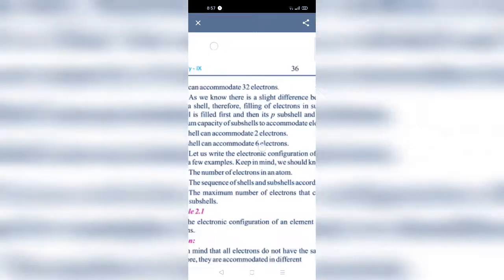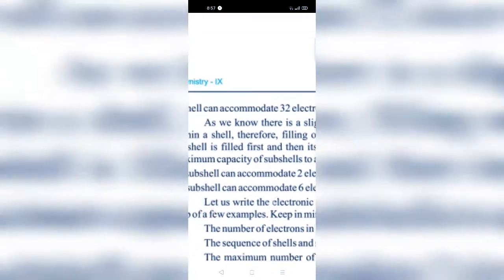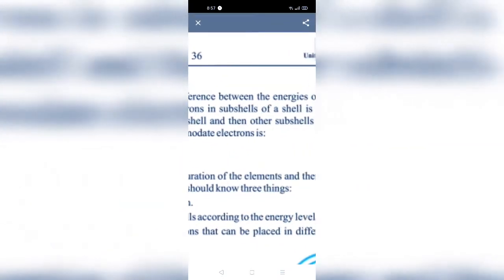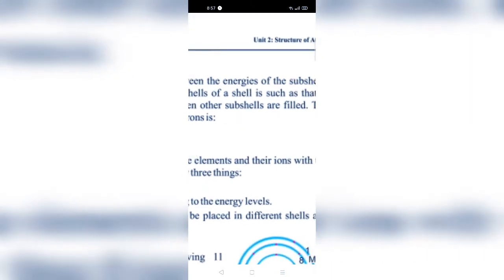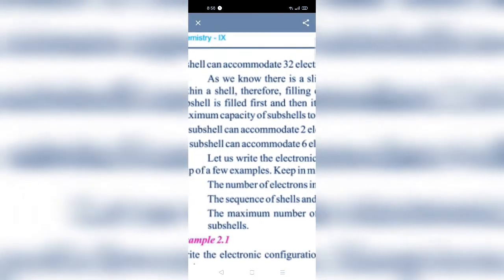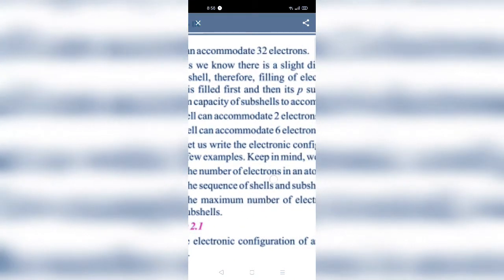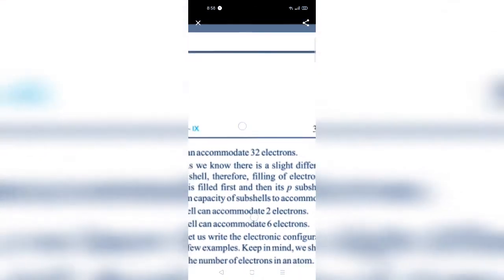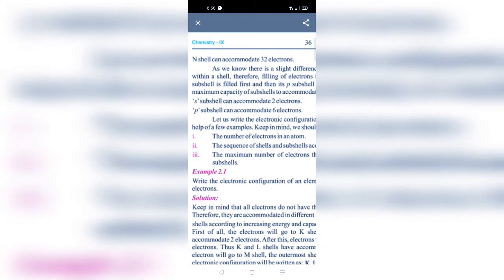And the first paragraph: as we know, there is a slight difference between the energies of the subshells within a shell. Therefore, filling of electrons in subshells is such that the s subshell is filled first, then the p subshell, and then other subshells are filled. I have already discussed that, and it is the long question.